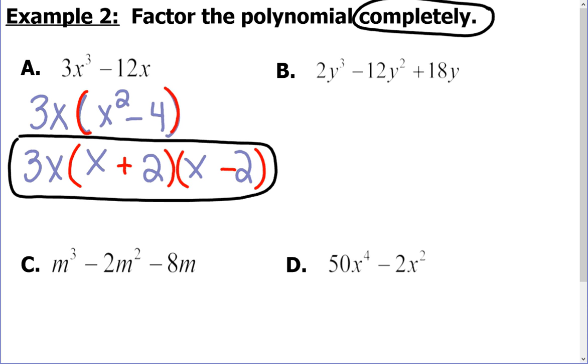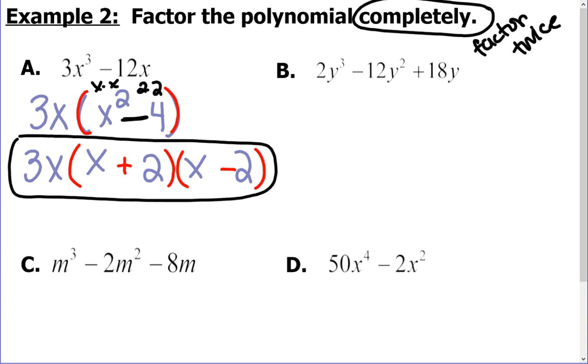So again, the difference, subtraction, and then x times x, 2 times 2. Those are both perfect squares. So completely usually means factor twice. Not always, but if you ever see the word factor the polynomial completely, make sure you check to see if it's fully factored.